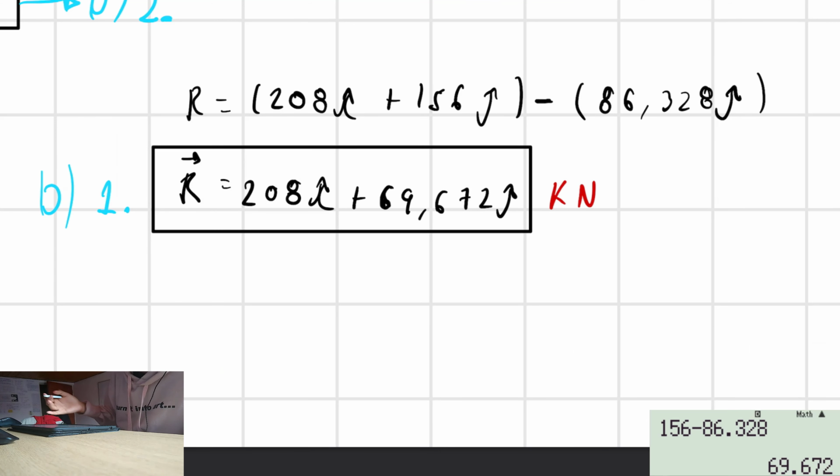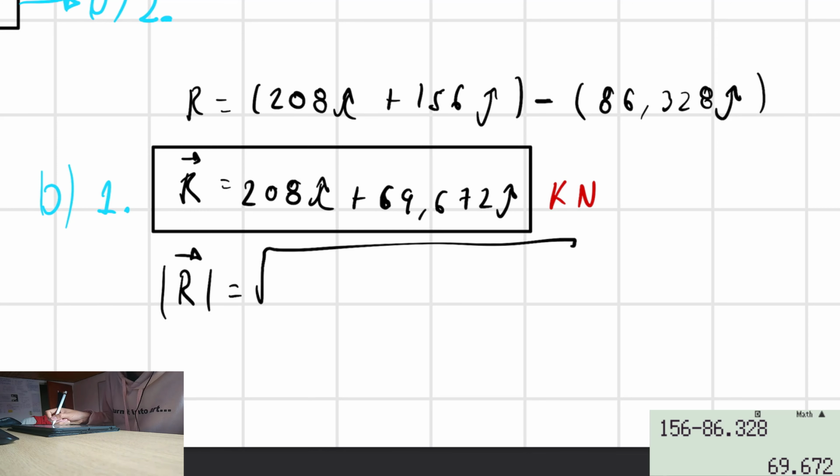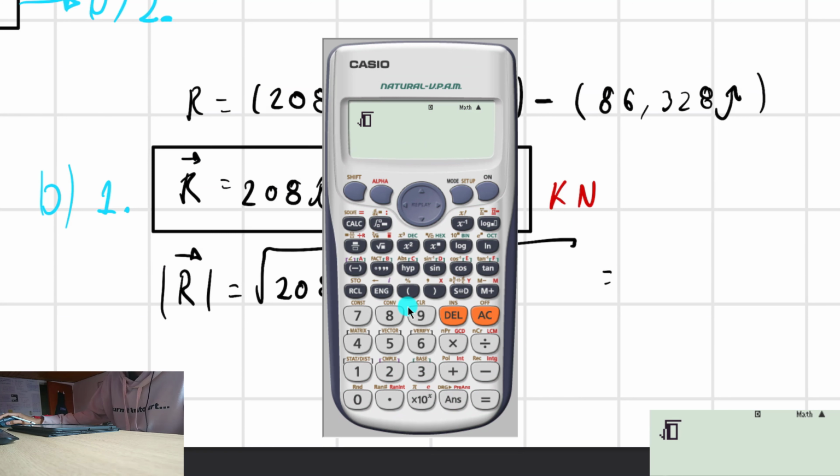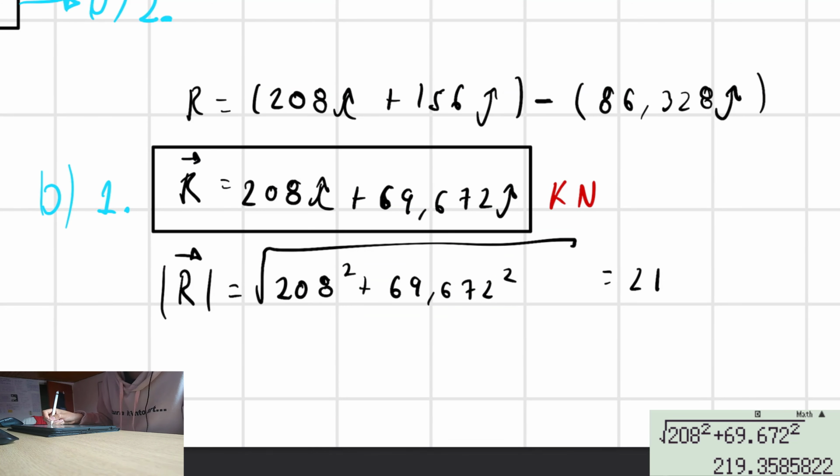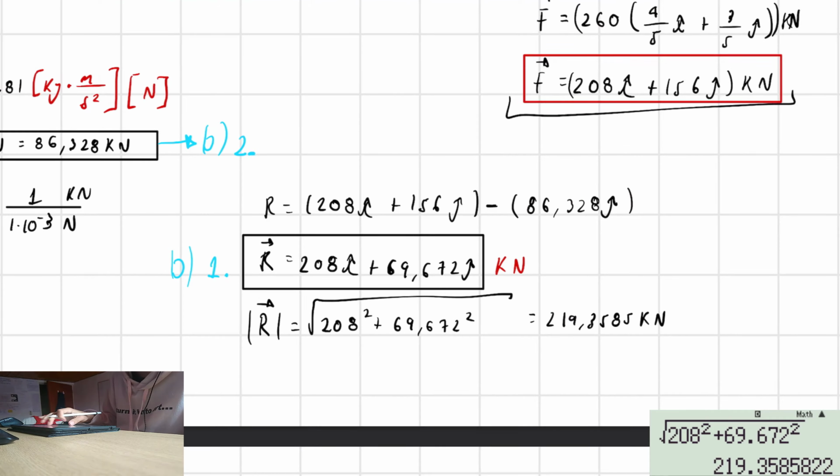So at the end we just have to find the magnitude by using the square root. So the square root of 208 squared plus 69.672 squared, and this is equal to 219.3585 kilonewtons, right?